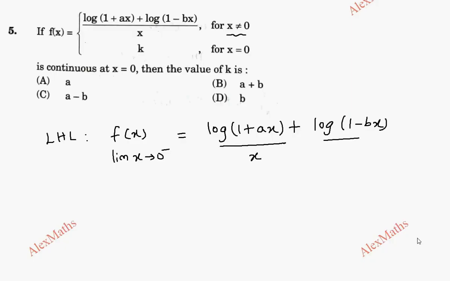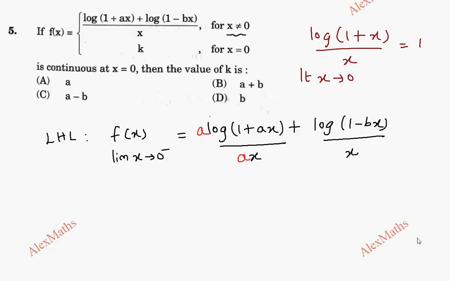Let's take it as individual divisions. Now we are going to apply a formula, that is when we have log of 1 plus x whole divided by x, when limit x tends to 0, this value is 1. So I have to multiply a and a here so that this entire term is 1 according to this formula.